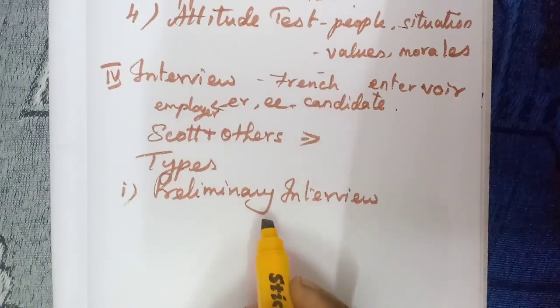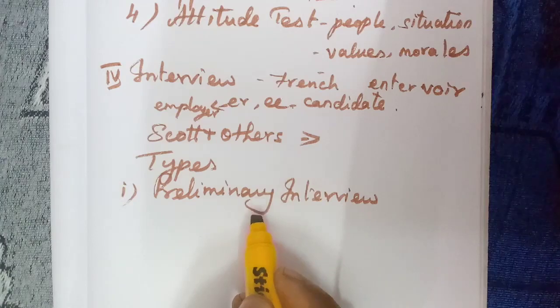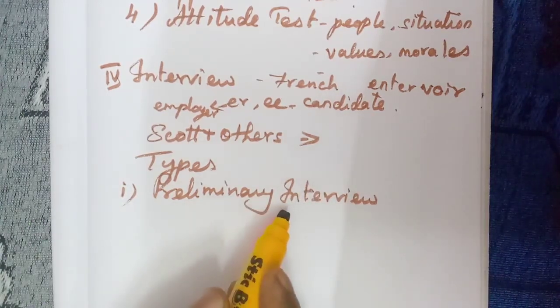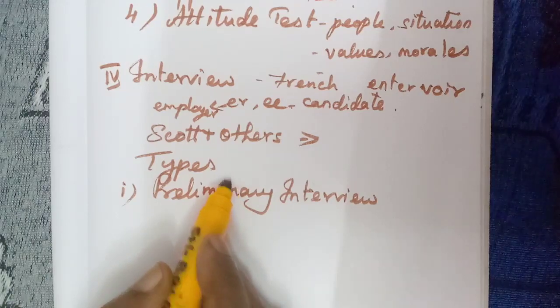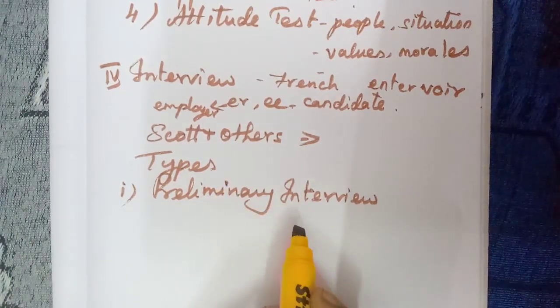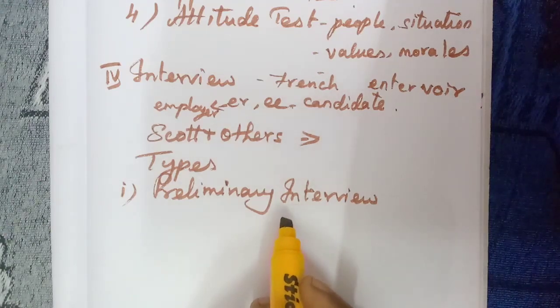Here they will eliminate many candidates, and the remaining candidates will be taken. Generally they will ask some questions, whether they are able to express their ideas, whether they are able to speak, or whether they can understand the language, if English is essential. Some people may not be able to express their ideas.